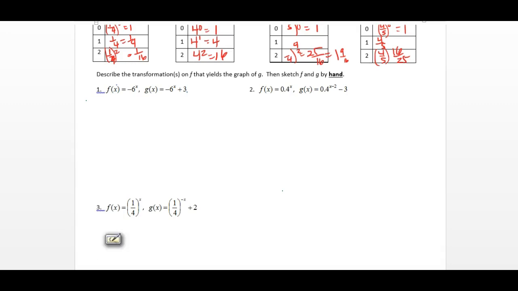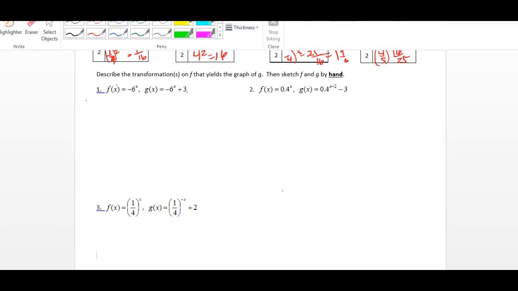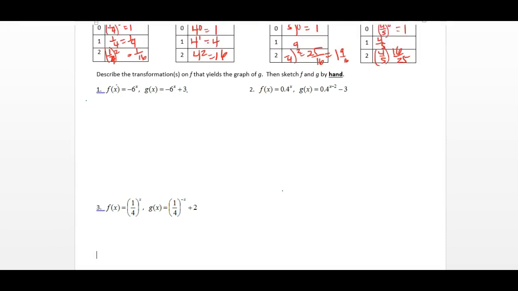All right, so we're going to describe the transformation on f that yields the graph of g and graph it by hand. Okay, so let's first graph f. Right now, this function is a little on the tricky side. You want to think of it as -1 times 6 to the x power. Separate that negative out.